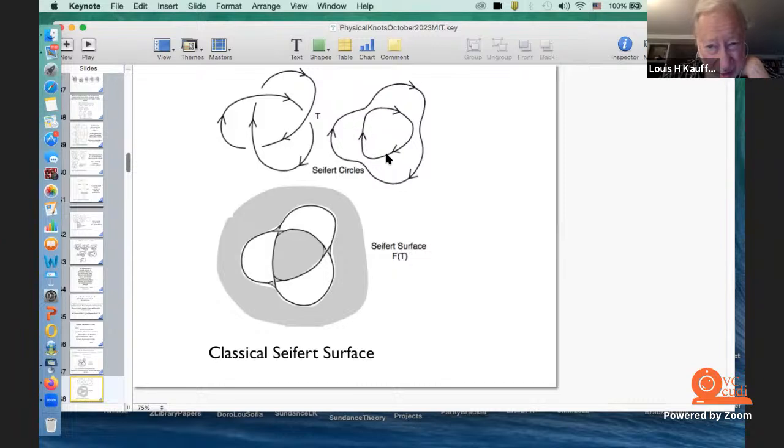You get a collection of circles in the plane, and Seifert intelligently pointed out that if you span each one of these with a disk and put in little twisted bands where the crossings were, you get an orientable surface whose boundary is the knot. So twice the genus of that can be an estimate on the reconnection number, but it won't necessarily be very good. The reconnection number could be considerably less than that.